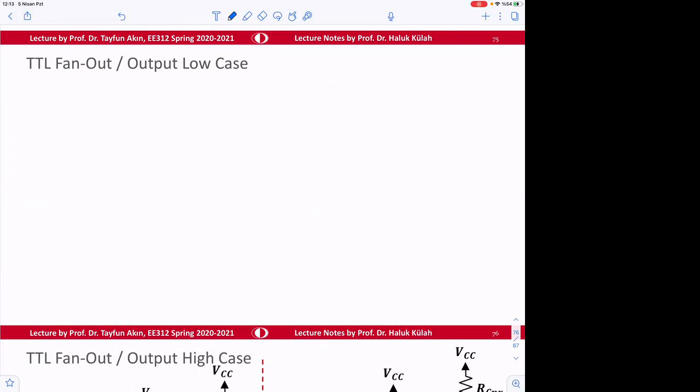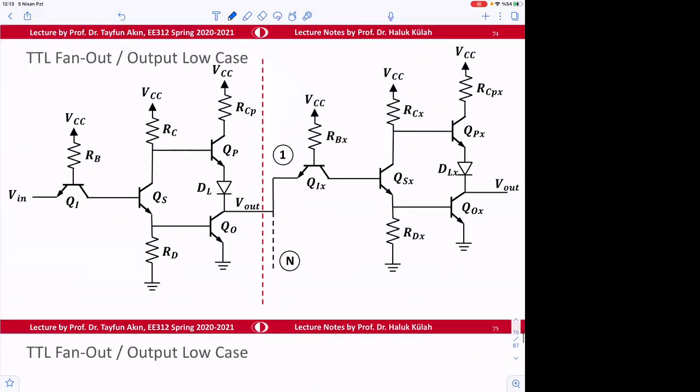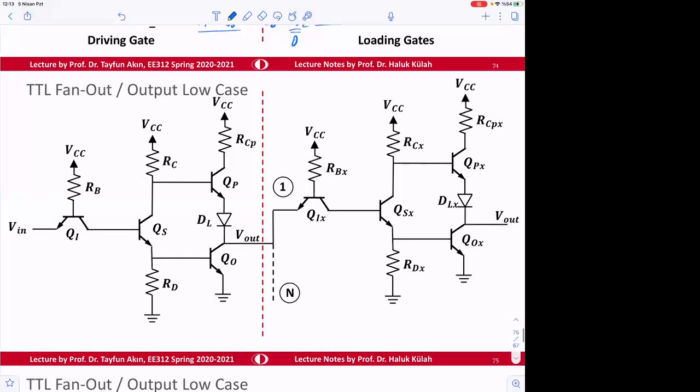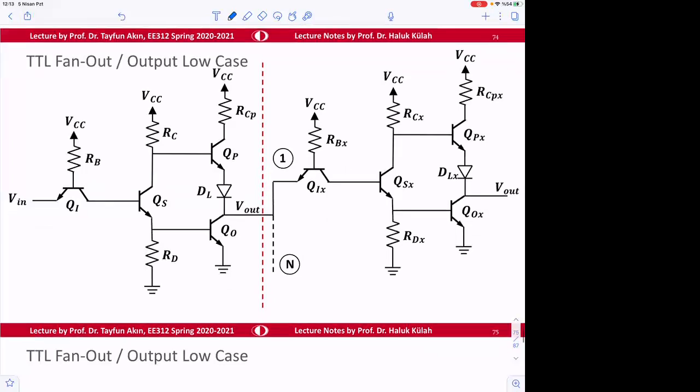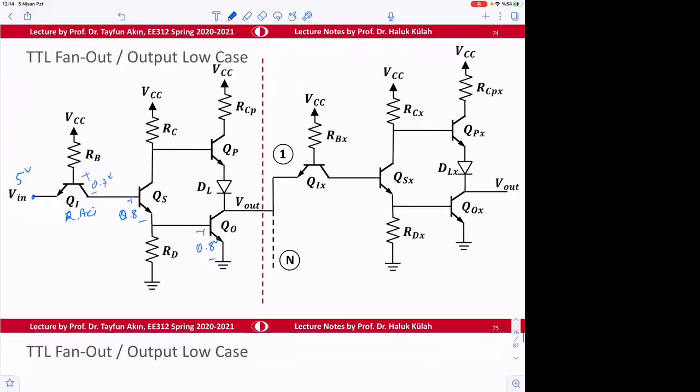Output low case. So it's also easy to find that value for the output low case. So let's say this is 5 volts. This is reverse active. So this is 0.7. Okay, this is 0.8.